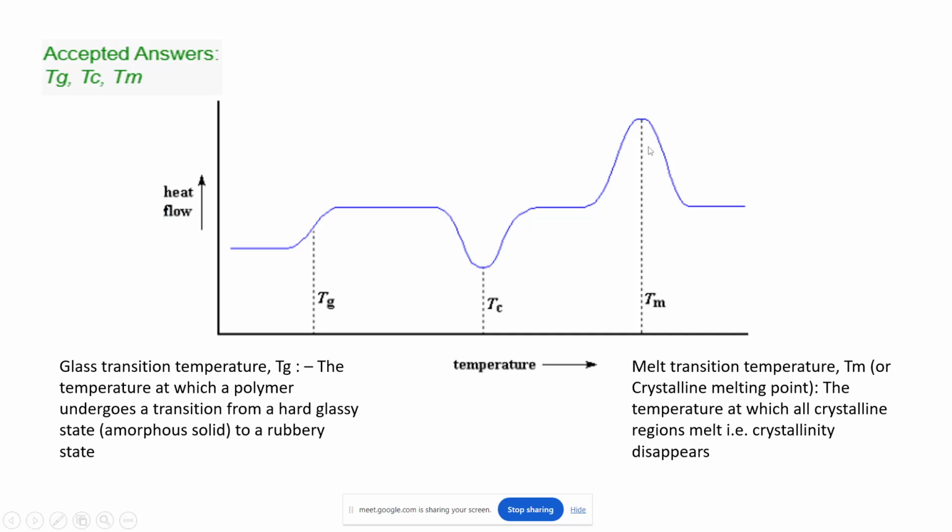And then if you still go on further, you'll have Tm, or melting temperature, which is the temperature at which all the crystalline regions melt. So lowest will be Tg, and then Tc, and then Tm.